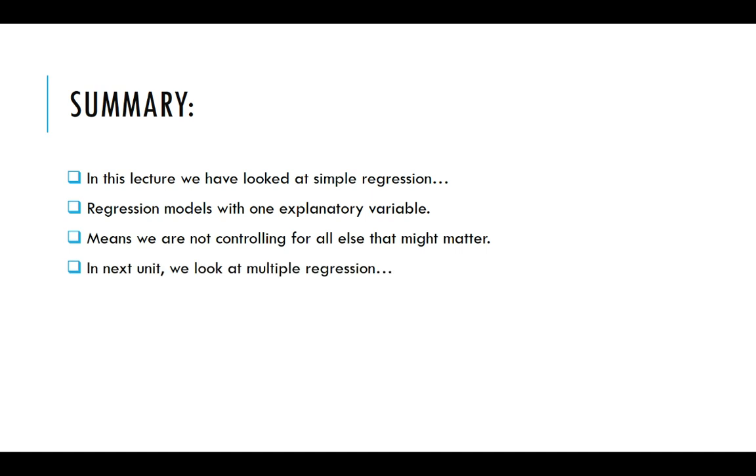So in our next unit, we need to add in those other things that might matter by looking at multiple regression. And then we need to figure out how to interpret the results because it will be just a little more challenging in multiple regression, but not much harder. Do make sure before you move on to the next lecture that you understand the basics of simple regression. Otherwise, it might be confusing.